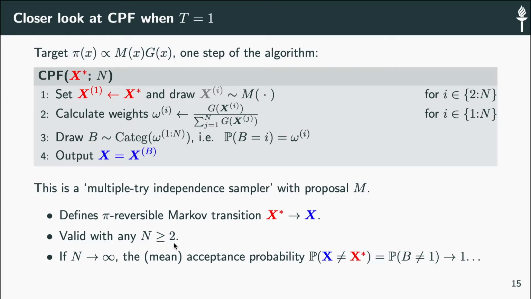So n is just a tuning parameter, but it's valid with any n. But if you look at the situation, what happens with large n is that nearly always you pick one of the other particles, not the reference, because the weights are of order 1 over n because of the normalization.